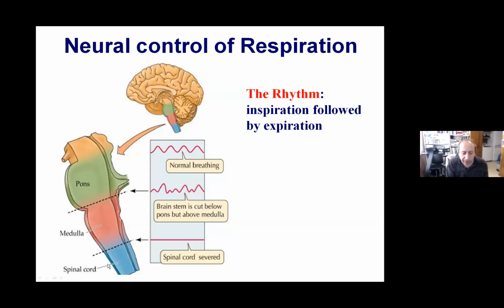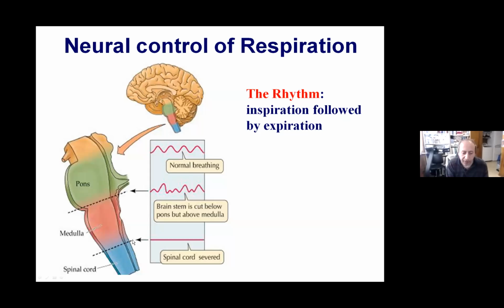So as I mentioned, there are several levels where breathing is controlled. The main generator of rhythm is actually the medulla. If we sever or lesion at the level below the medulla, we can see that the breathing will completely stop.